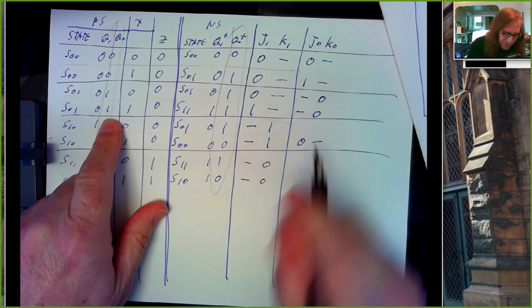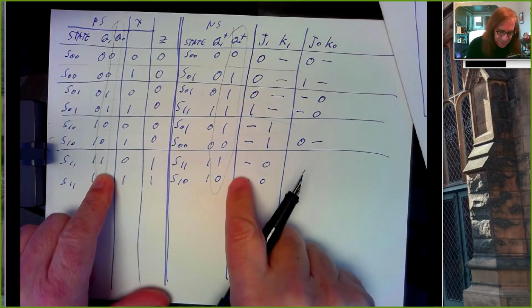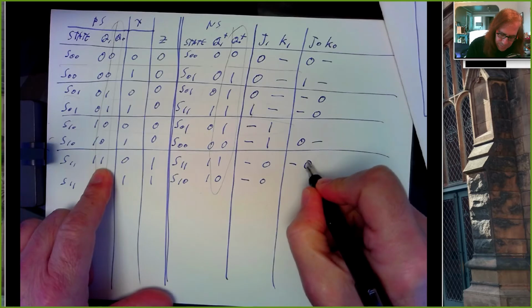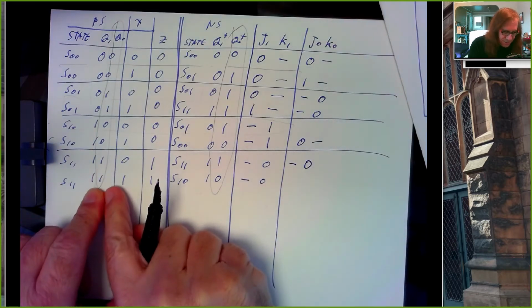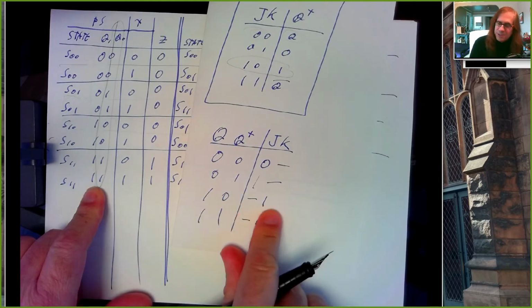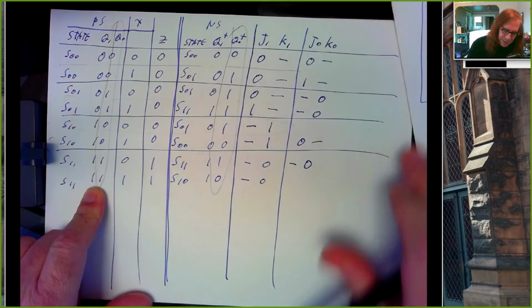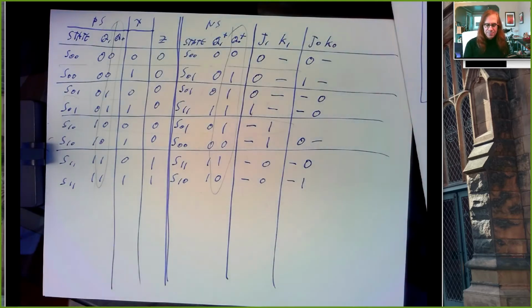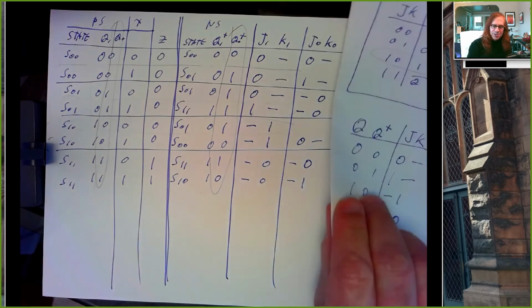So same thing. And this is a 1 to a 1. And then this last row, we're going from a 1 to a 0, and that says set J to a don't care, K to a 1. So this will be a don't care and a 1. So questions about that part?